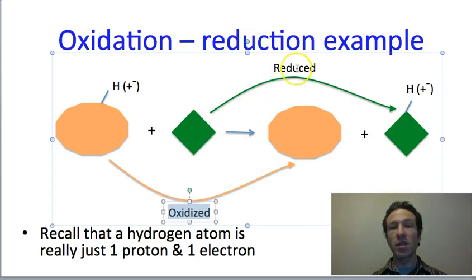Conversely, the diamond shape has gained this electron, and therefore it has been reduced. It's true that the multi-sided shape also lost a proton, and the diamond shape also gained a proton. So that's happening. We just aren't going to mention it in the terminology.